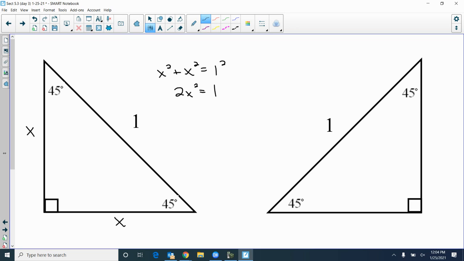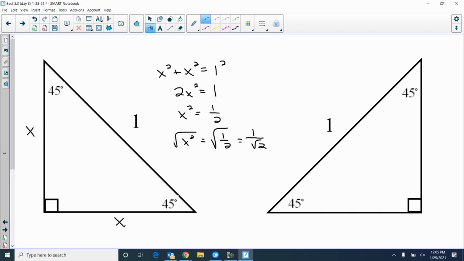That's 2x squared equals 1. x squared equals 1/2. Take the square root. The square root of 1/2 is 1 over radical 2.